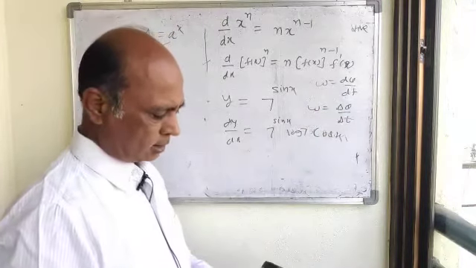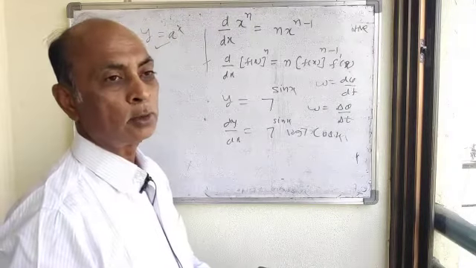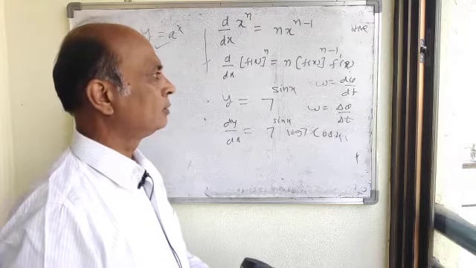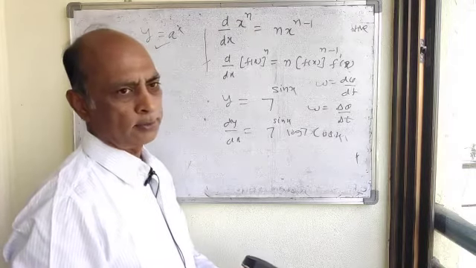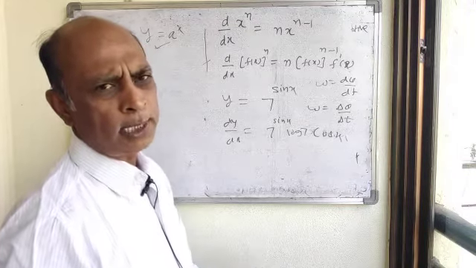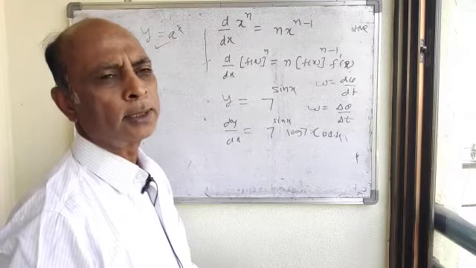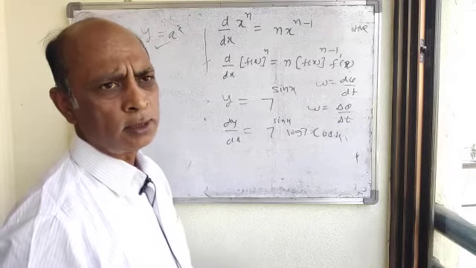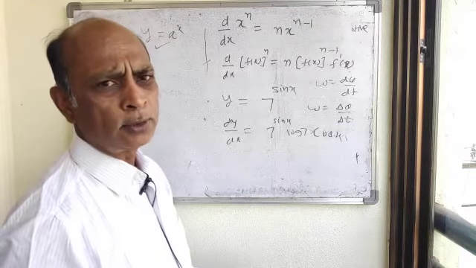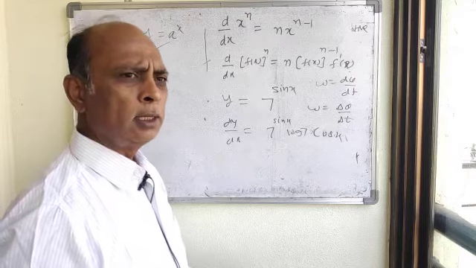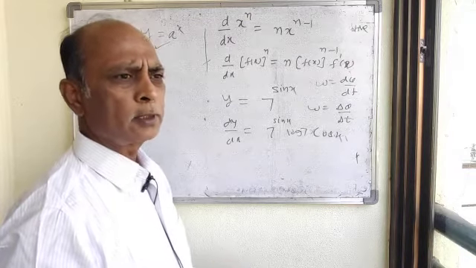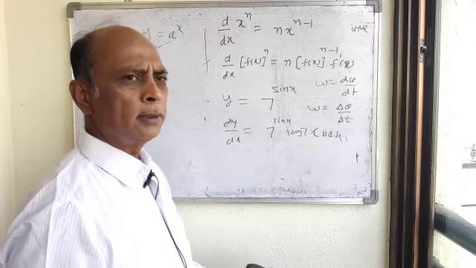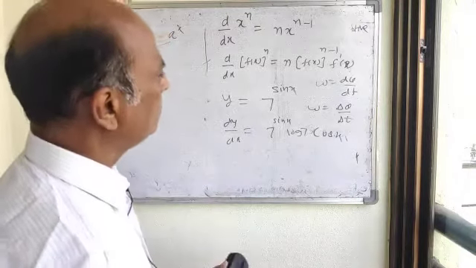So derivative plays an important role in solving many types of problems. And if you are perfect in derivative, then definitely you will be perfect in integration, because these two are reverse processes. Once you know how to find the derivative, you can also find the integration of some functions.